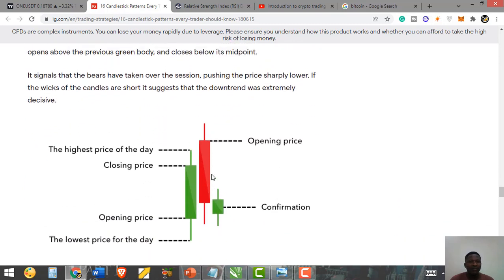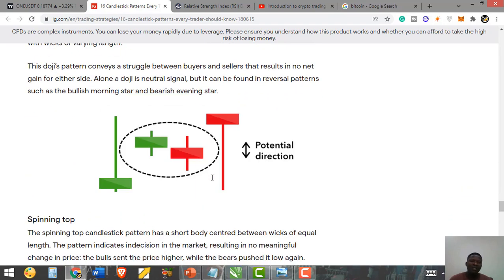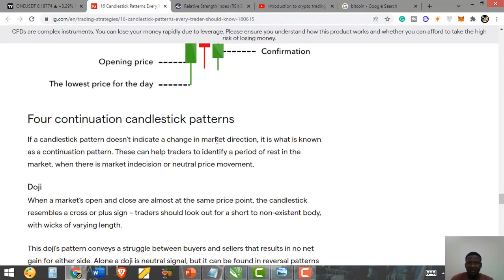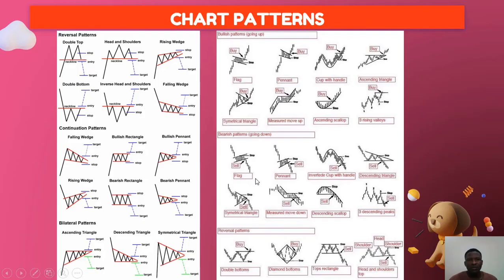And we have dark cloud cover. This is it. And we have a number of others. So you can also do more research to gain more information on this. But I believe with this, at least you have an idea of the candlestick formation.